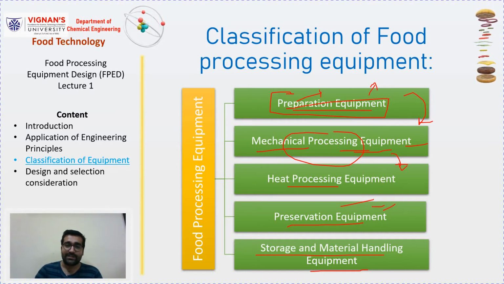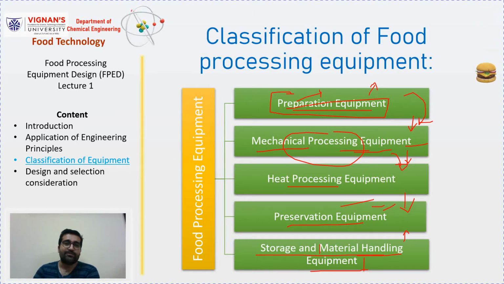Material handling equipments are needed to connect all the operations. We need material handling equipments to take product from one process to another process, or one equipment to another equipment. We need conveyors in industry, so for that we need material handling equipment. We will understand these equipments in detail in further slides.